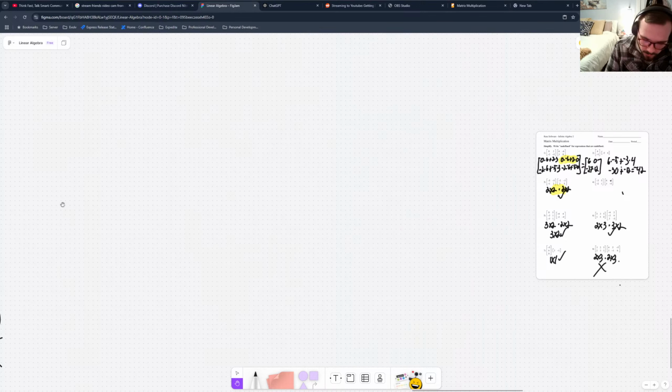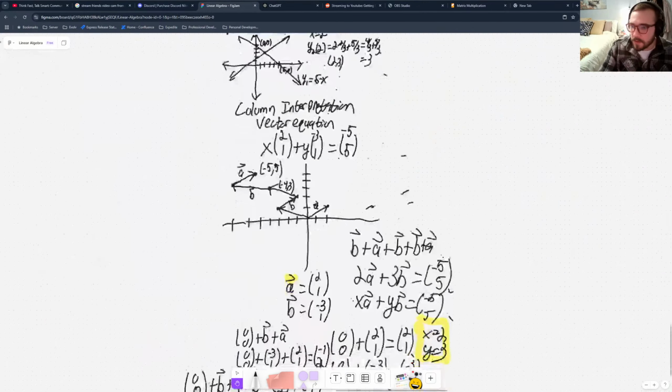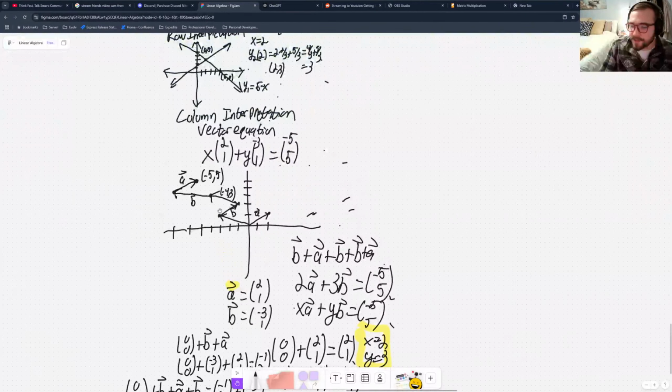So we say in linear algebra that a system of equations either has no solution, right? And in the row interpretation, you can imagine this as the lines never cross.